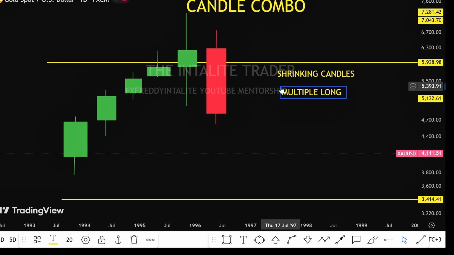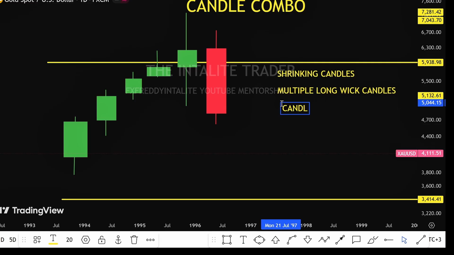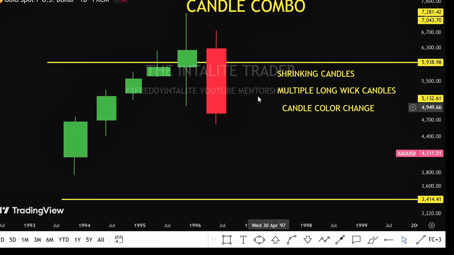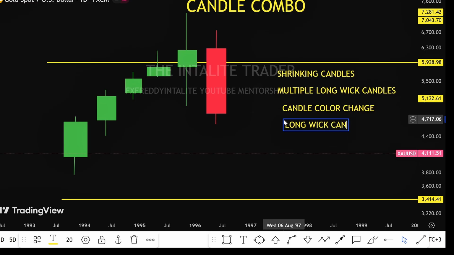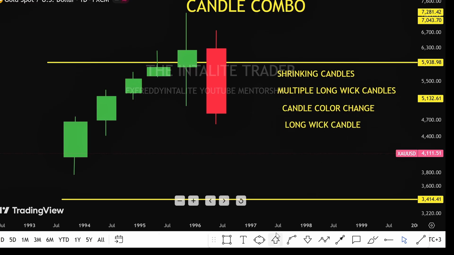You have multiple long wick candles. You then have candle color change. You also have a long wick candle. Then you have momentum.